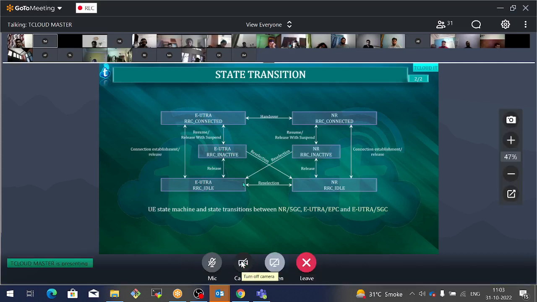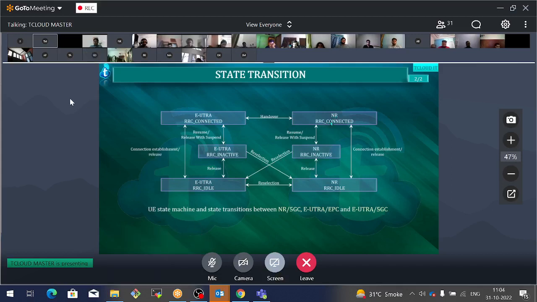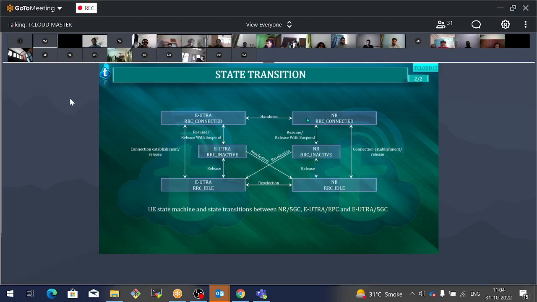These arrows are telling you the different possibilities. For example, you are in the connected state in NR. Suddenly you find out that the present cell is not looking good, and adjacent NR cells are also not looking good. The only cell that you find better is an LTE cell.